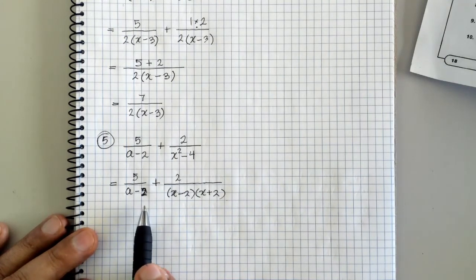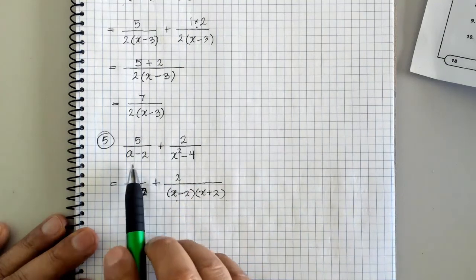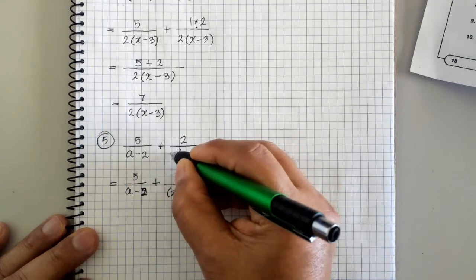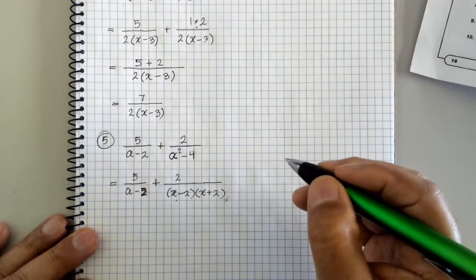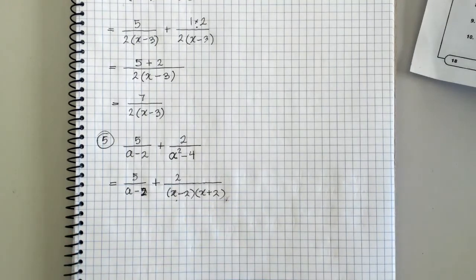In here we got a minus 2, and in here we got, let me see, I think I made a fundamental mistake. We are doing a and not x, so this should actually be a. So I'm gonna fix the question, so give me 1 second and I'll be back to you.